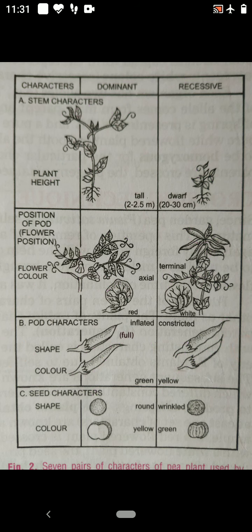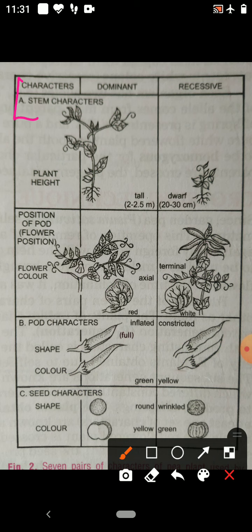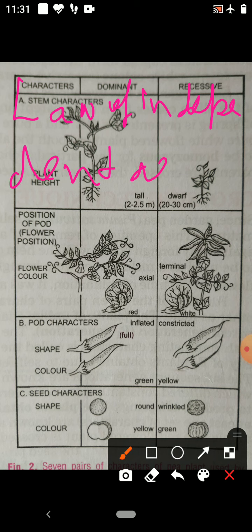And third is law of independent assortment. So these three laws were given.